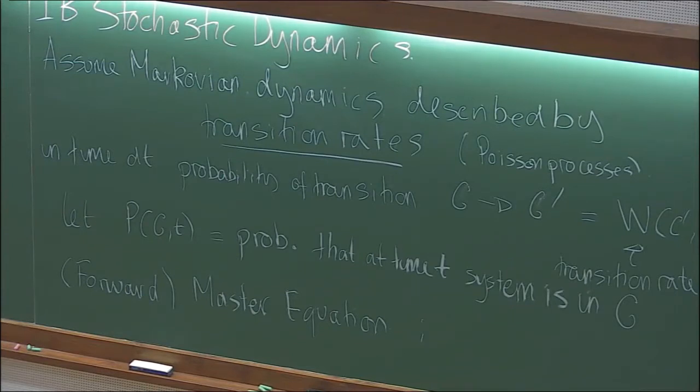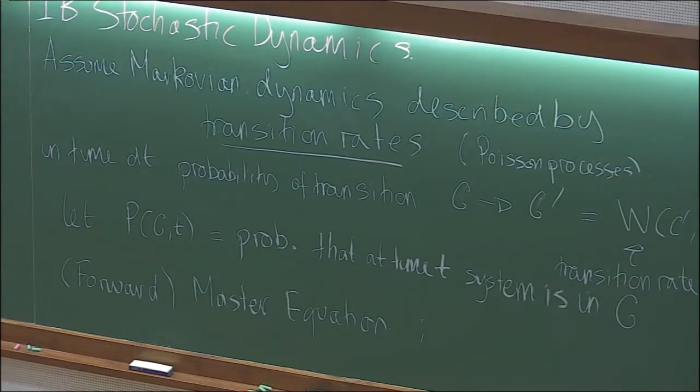So strictly in here, there's a C primed not equal to C. And then I have the transition rates going from C primed to C. And then I have the probability of being at C primed at time t. Right? So that's the probability going into configuration C from the other configurations.